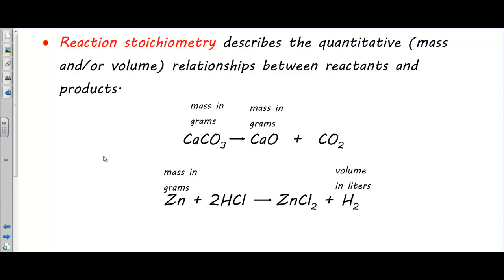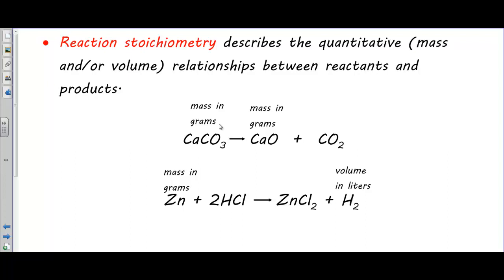So in reaction stoichiometric calculations, I can begin with a reactant and ask a question about a product, or I can begin with a product and ask for the amount of reactant that would be necessary to obtain that amount of product.